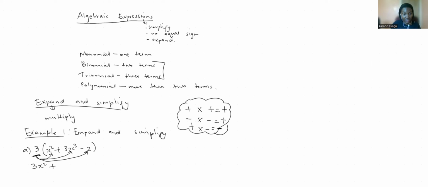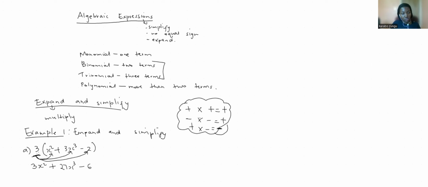And then you multiply 3 by 3x cubed, which is going to give us 9x cubed, because 3 times 3 is, oh, sorry, it's going to be 27. 3 times 3 is 27. 27x cubed, and then positive multiplied by negative. These signs are no longer the same, right? So you're going to get a negative. Then 3 times 2, which is 6.